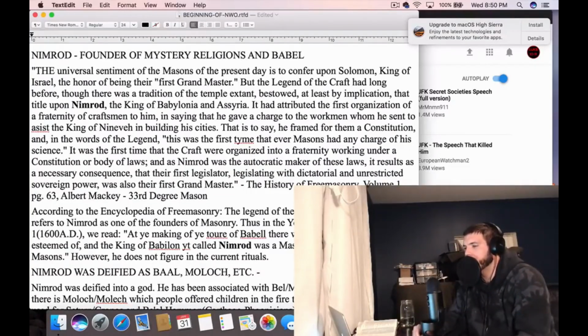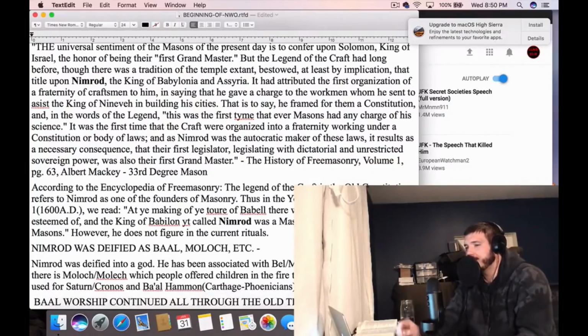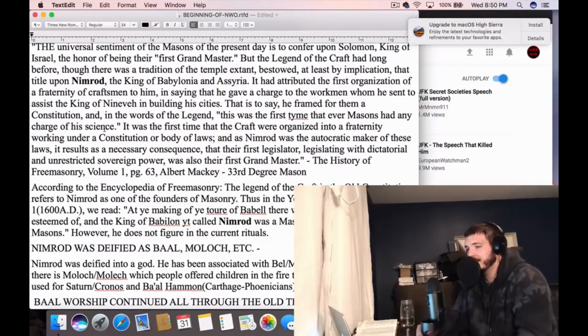"It had attributed the first organization of a fraternity of craftsmen to him, to Nimrod, in saying that he gave a charge to the workmen whom he sent to assist the king of Nineveh in building his cities." Okay? So he put together this fraternity of craftsmen. "That is to say, he framed for them a constitution, and in the words of the legend, 'This was the first time that ever Masons had any charge of his science.'